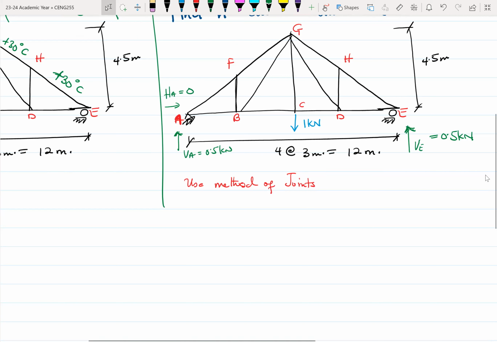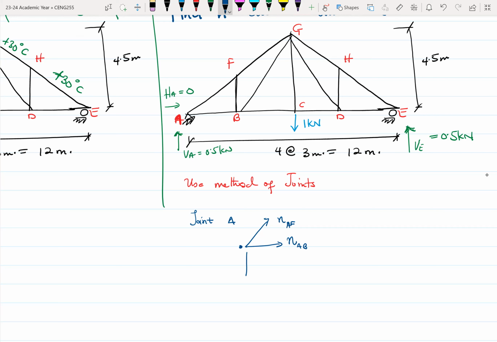So for example, if we look at joint A, these are our forces in the members. Let's call them small letter n AF and small letter n AB.